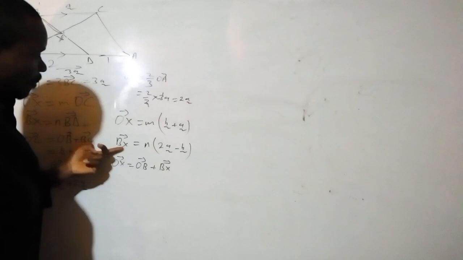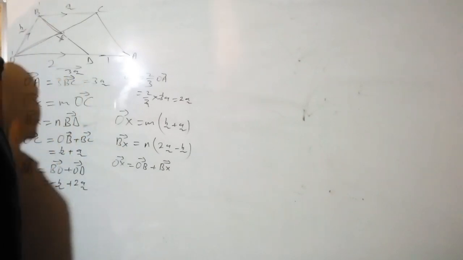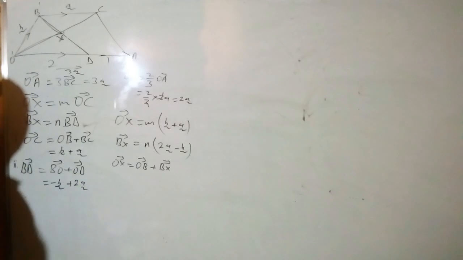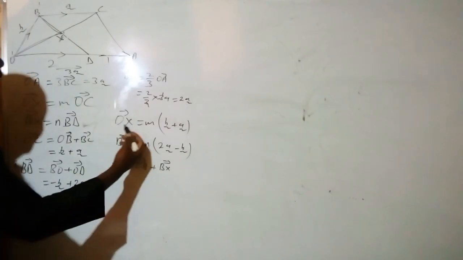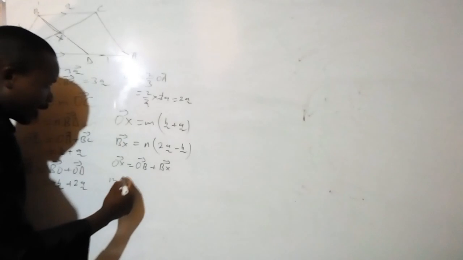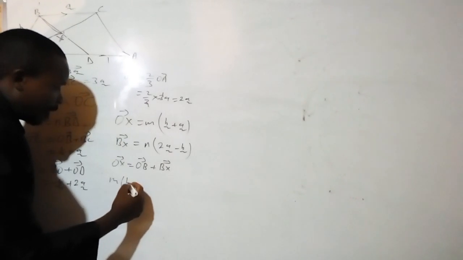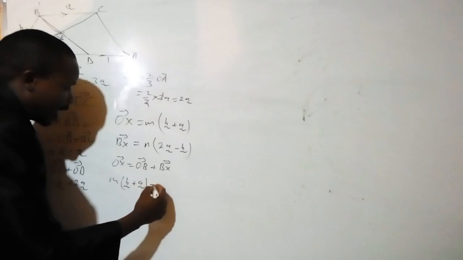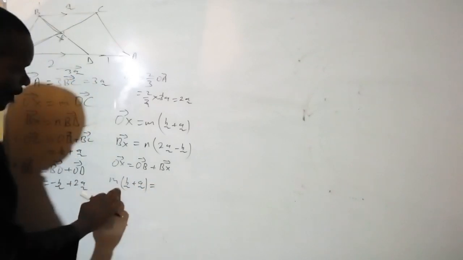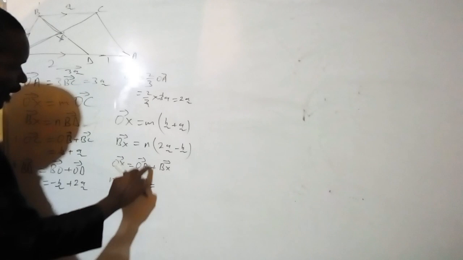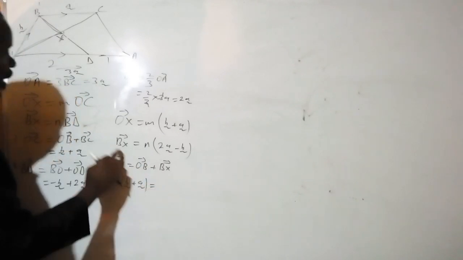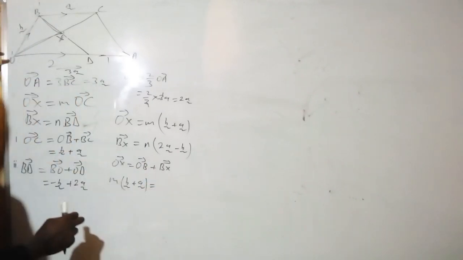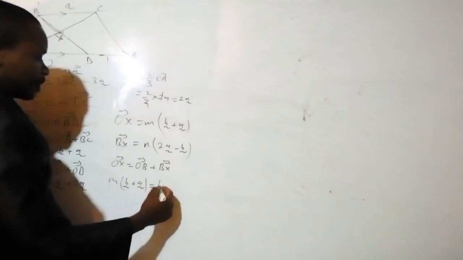Good. Then what is our OX? Our OX is here: M open the bracket vector B plus vector A is equal to OB. Our OB is what? OB is vector B. Then plus BX.